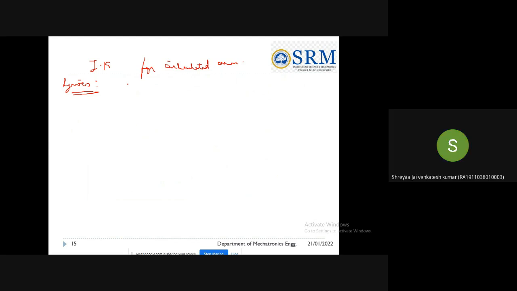What does it really mean? The end effector pose is given to you, right? Think of the end effector pose as given. So how do you describe the end effector pose mathematically? Of course, that can be described by a 4 cross 4 matrix.